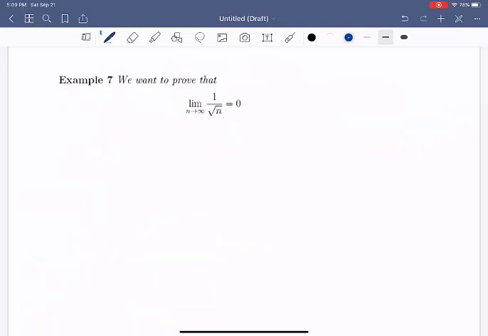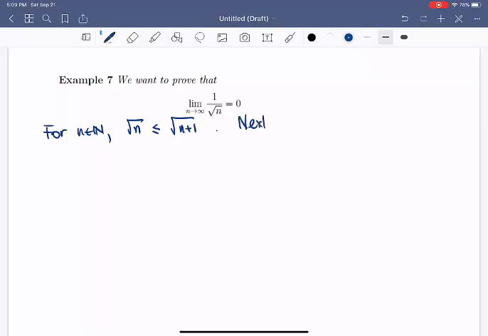Our aim is to prove that the following sequence is convergent to 0. Of course, we can certainly use the epsilon n criteria, but we are not going to do that here. First, we'll prove that this sequence is decreasing. So to this end, for any natural number n, square root of n is of course less or equal to square root of n plus 1.